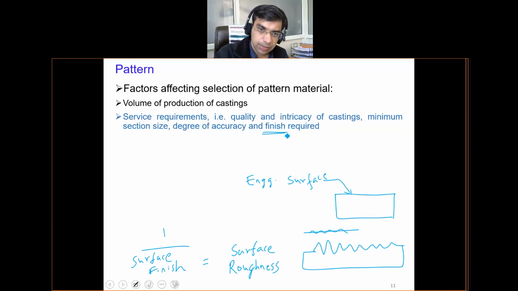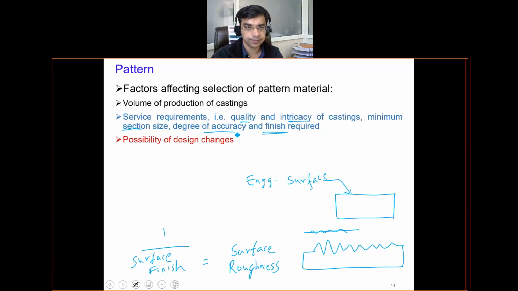Depending on this quality, intricacy is the complex design, and then minimum section size. Section size is basically the thickness, how thick or how thin the casting is, or the degree of accuracy, that is the ability to produce the same dimensions each and every time. These factors also largely affect the selection of the material for the pattern.